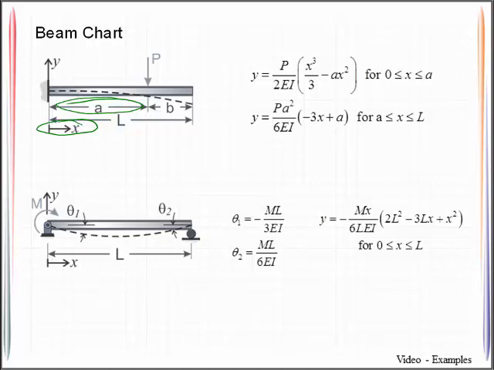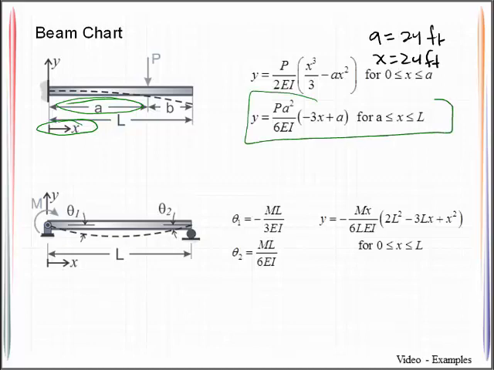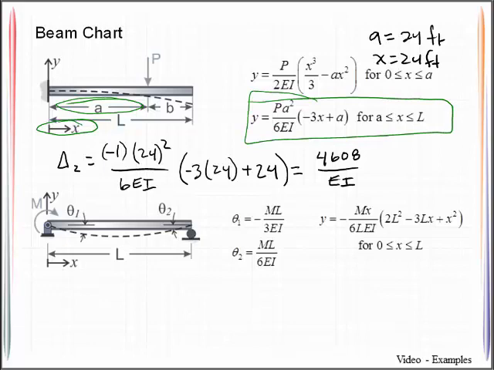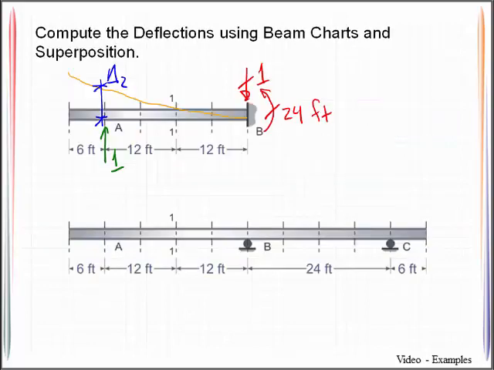So I will use values in here of a equals 24 feet and x equals 24 feet, and I will go ahead and use this equation right here. So plugging in those values, I can get this quantity for delta 2 to be equal to 4608 divided by EI.